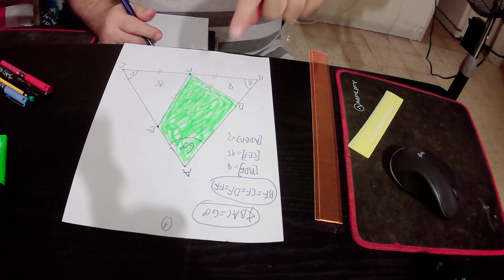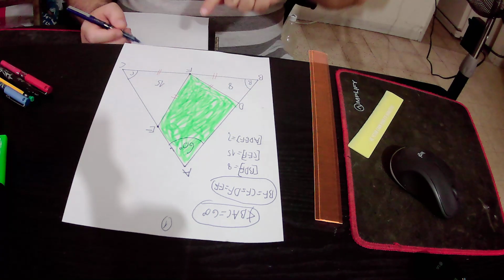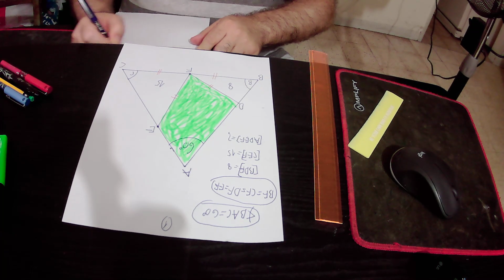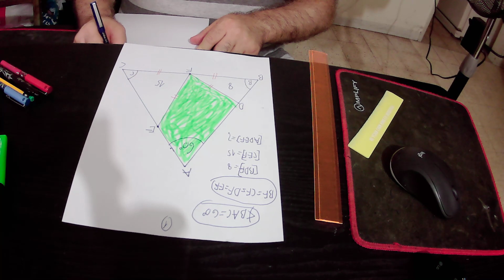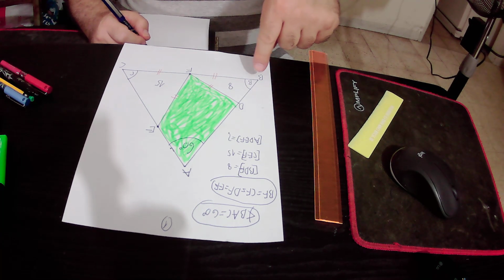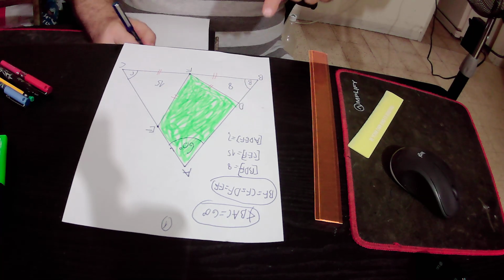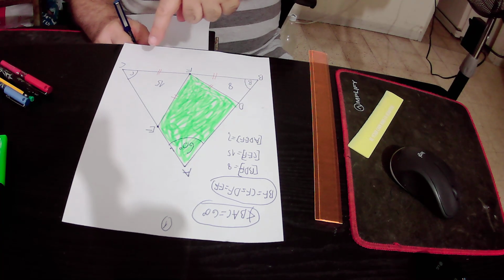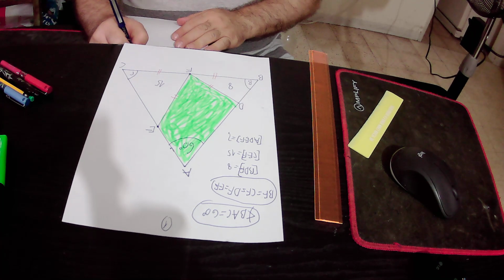That is to say, this angle that equals 60 degrees plus angle ABC that equals B plus angle ACB that equals C must be equal to 180 degrees.